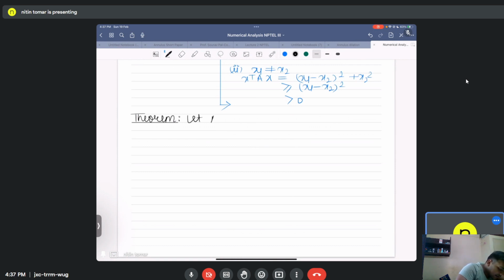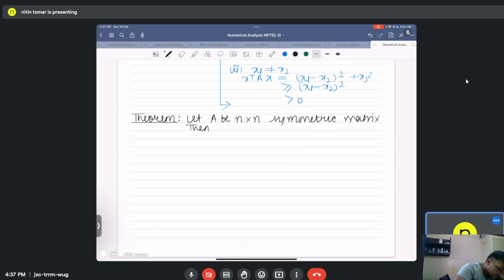Let A be an n cross n symmetric matrix, because first we need a symmetric matrix, right? The following are equivalent. Do you know this term, TFAE?